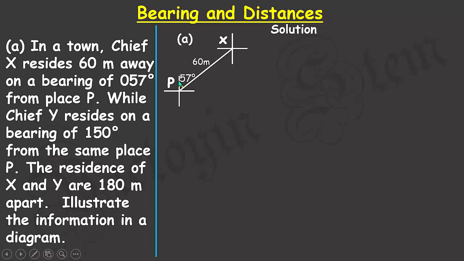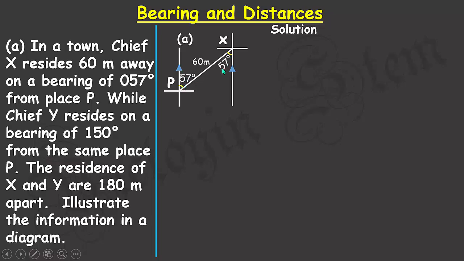Now, if I extend the line due north from point P and I extend it due south from point X, you agree with me that these two lines are parallel to each other. Because they are parallel, PX is a transversal that cuts through the two parallel lines. So this 57 degrees is alternate to this other 57.